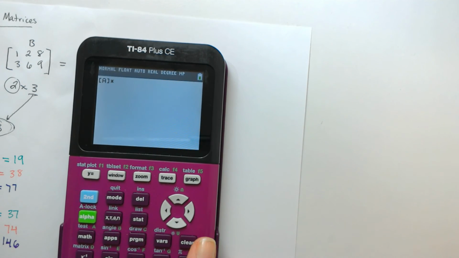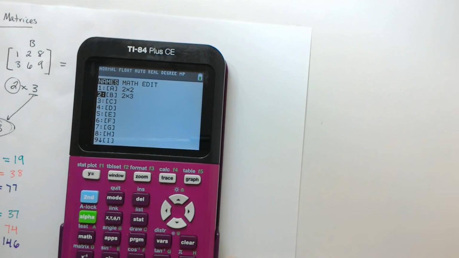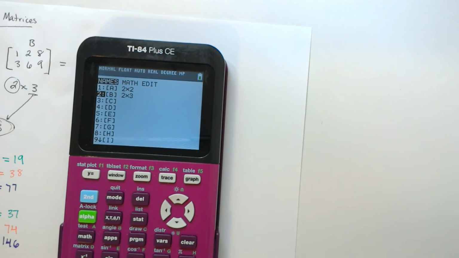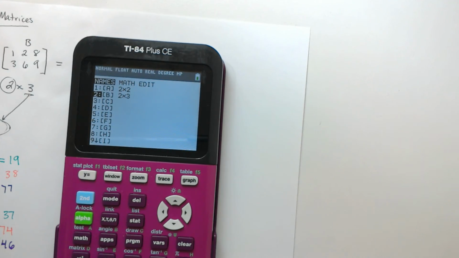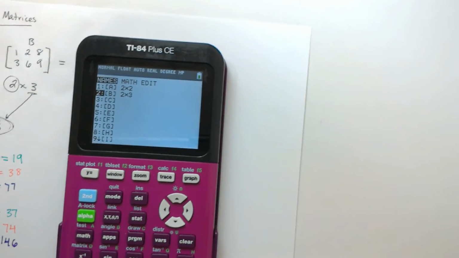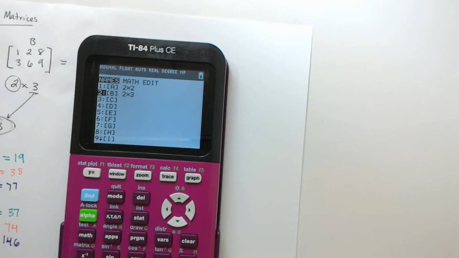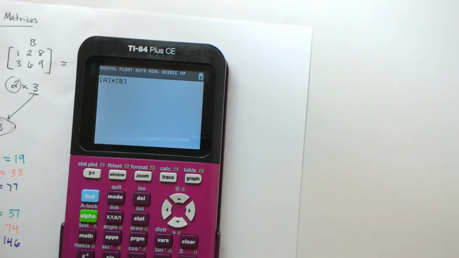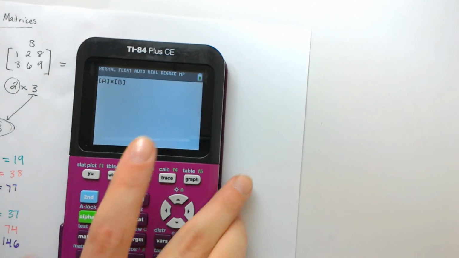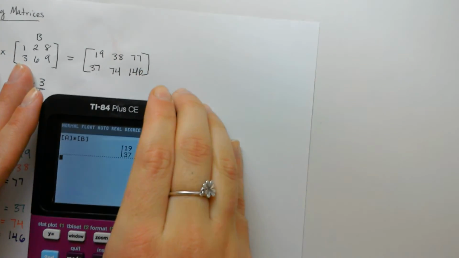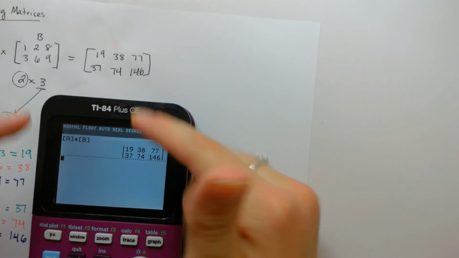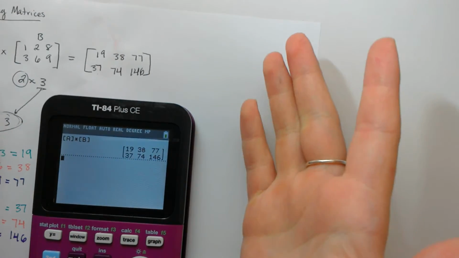Then second, x inverse, and again you're selecting your B term and hit enter. So that's already set up for you. Hit enter, and look at that. It is your exact same values that you had found by hand. It's just done in the calculator.